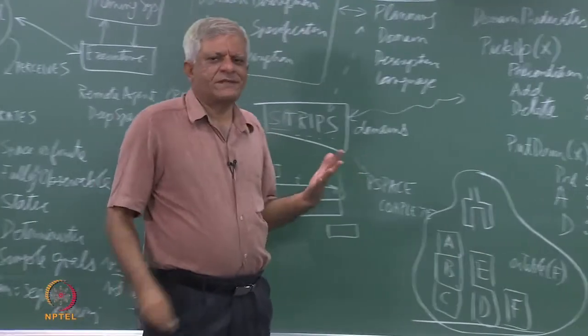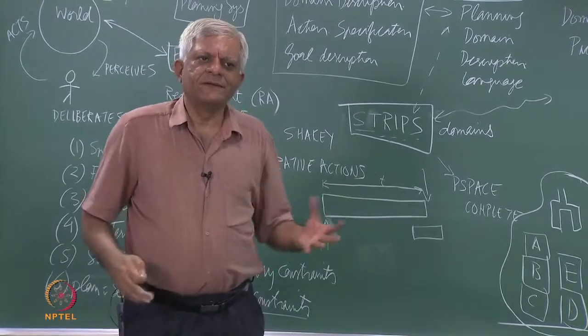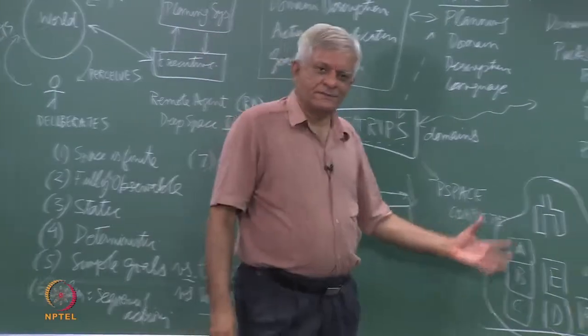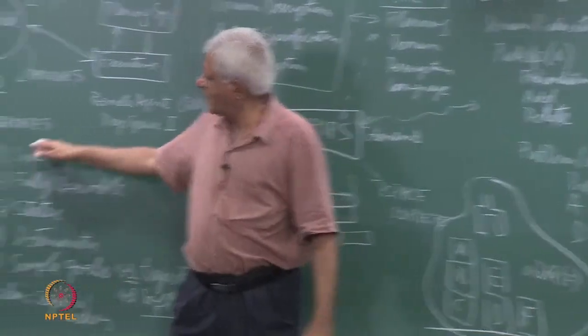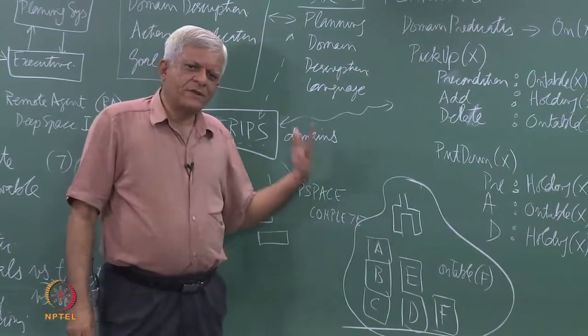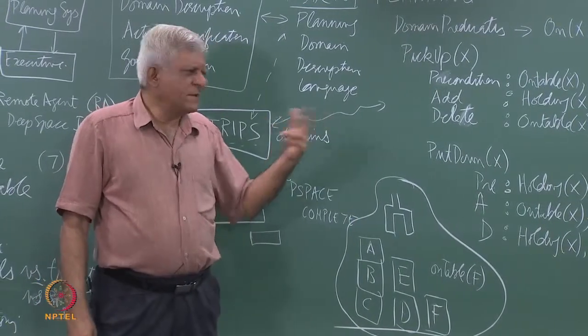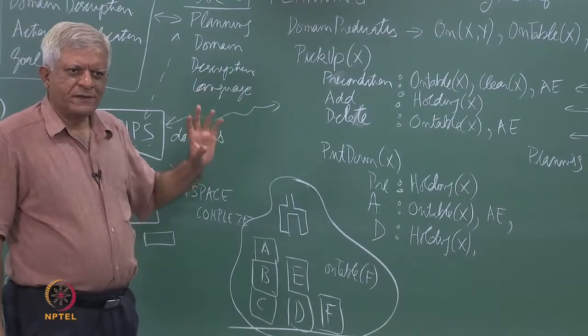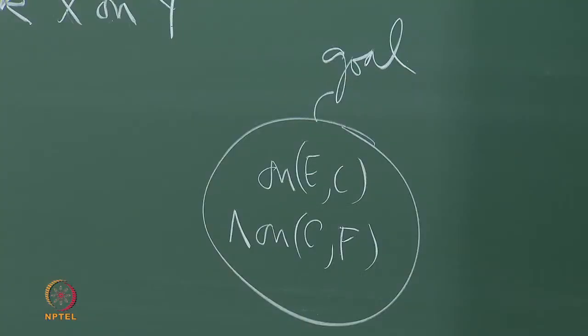So, observe of course, that I do not need to completely specify the goal as a state. The start state I need to completely specify. We said that it is fully observable, everything that is true must be given, but a goal does not have to be completely specified. Your goal may simply be that as long as those two things are true, then I am happy with my plan essentially.